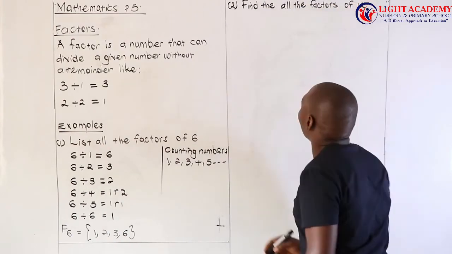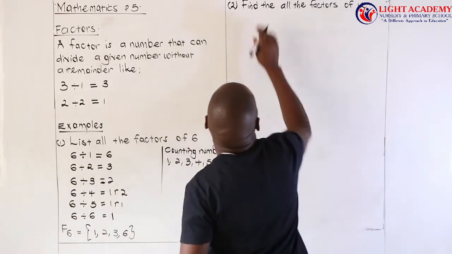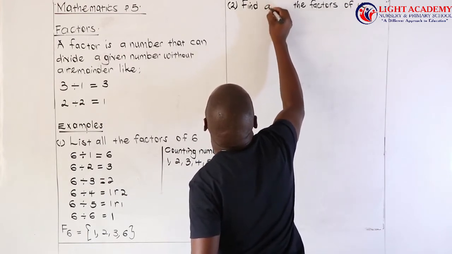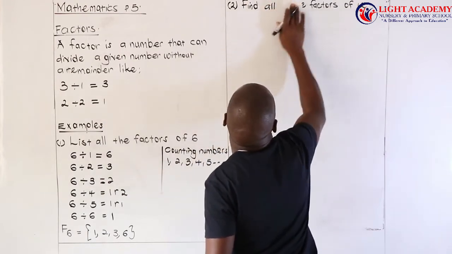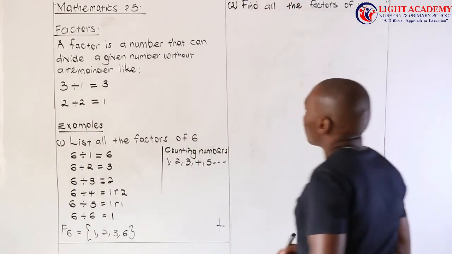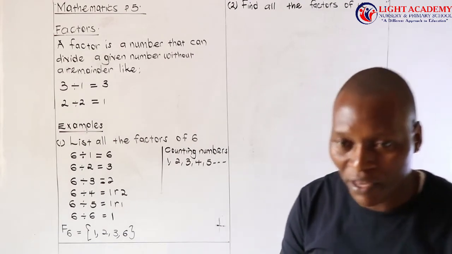These are common questions. Find all the factors of 12. They want us to get the numbers which can divide 12 exactly.